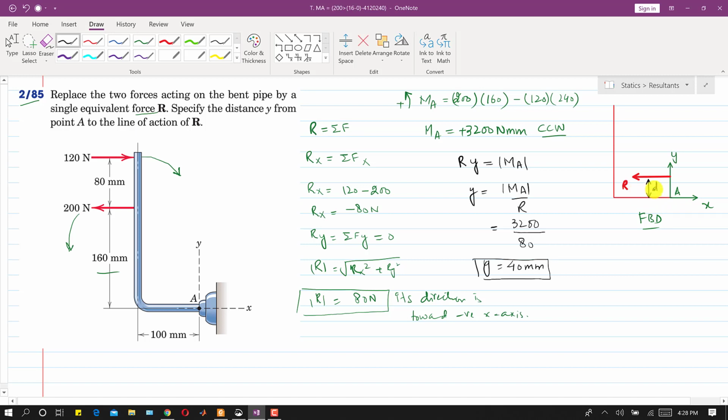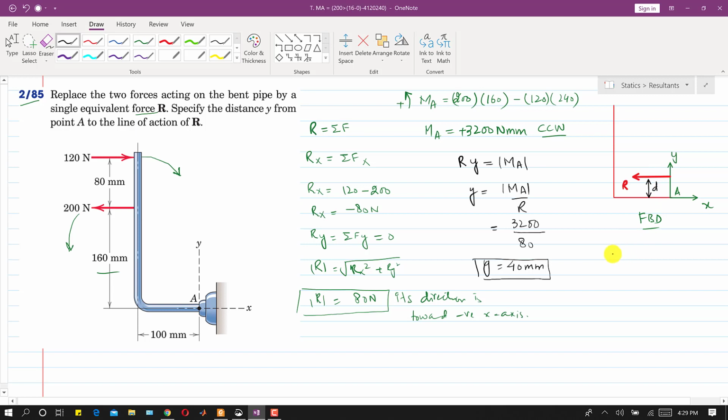So this R equals 80 newtons, and this distance y is equal to 40 mm. This is the representation of these two forces by a single force. So we have replaced these two forces by a single equivalent R.